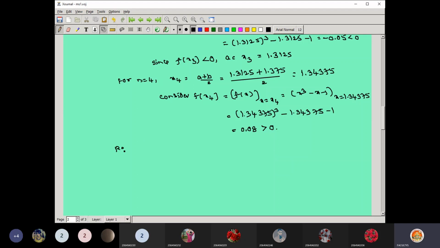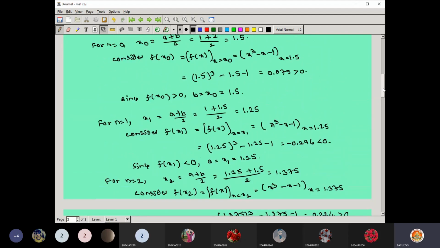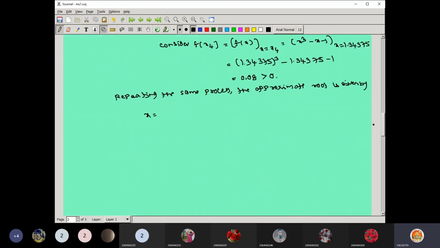Repeating the same process, the approximate root is given by, you just write down only x is equal to, write down your first approximate root. What is your first approximate root, which is nothing but starting with x naught? It is 1.5. So write down 1.5 plus x1.